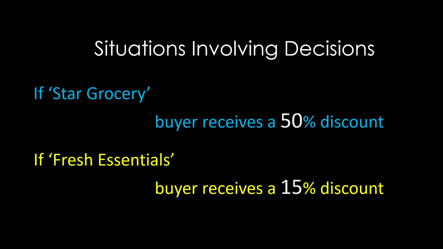Whereas if the order is from the store Fresh Essentials, then the discount would be near 15%. This is a case of decision, and we need a command so that for such situations we can use it to tell the computer what to do and what not to do.